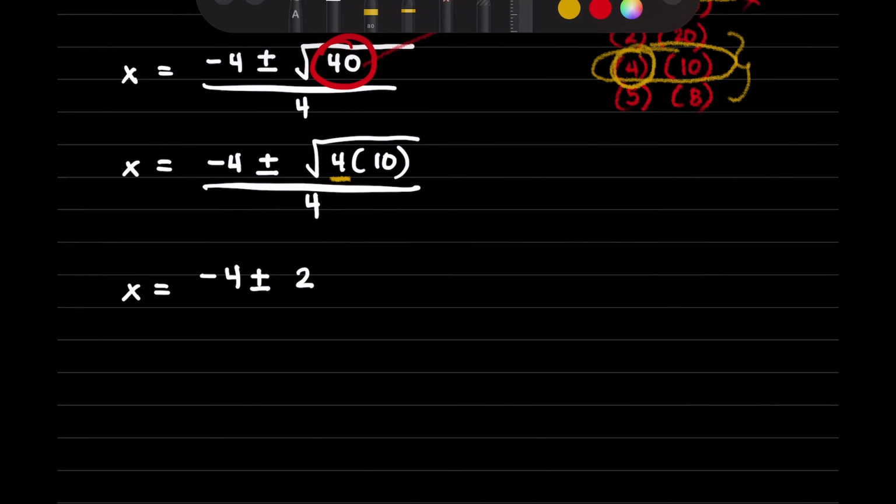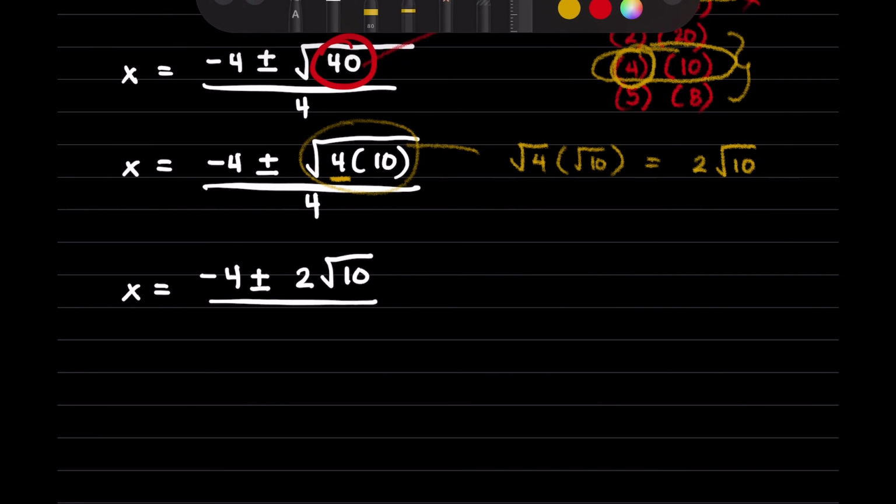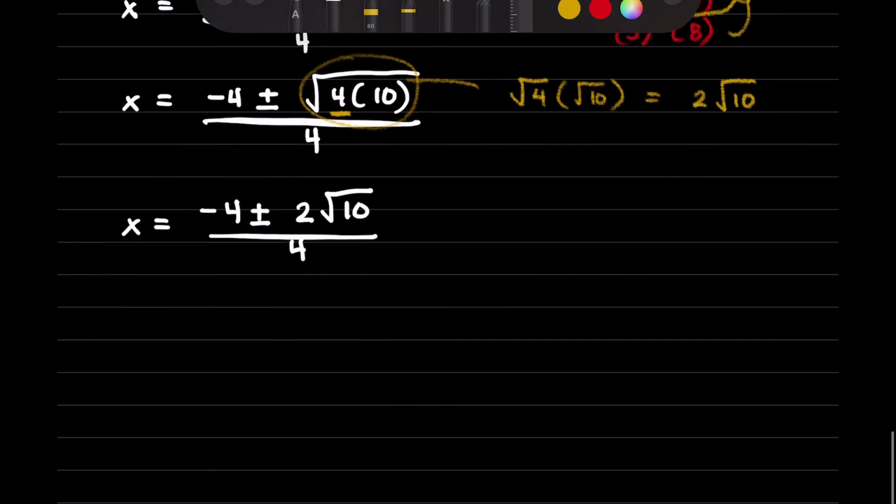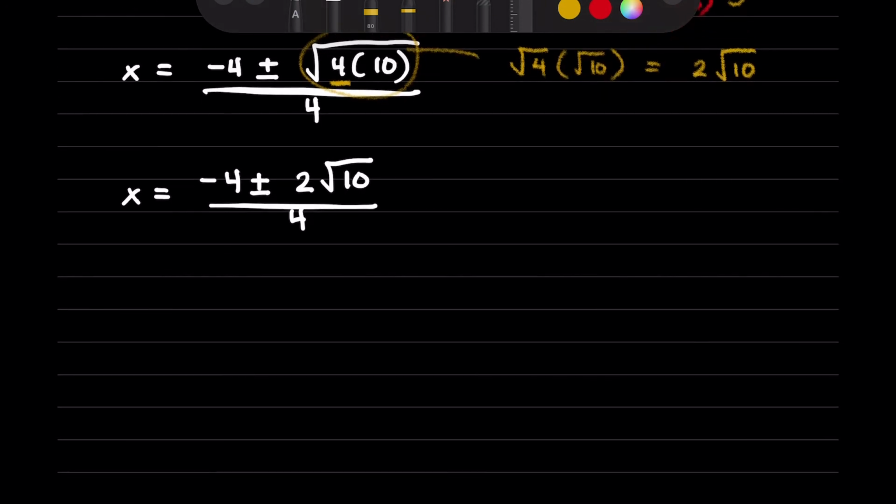Kasi pwede naman natin yung ipakita as ito. Pwede naman natin siyang ipakita as square root of 4 times square root of 10. Okay, and the square root of 4 is 2. Yun nga lang si 10, hindi siya perfect square, so mariretain lang siya as square root of 10. So, papakita natin na ganun. All over 4.